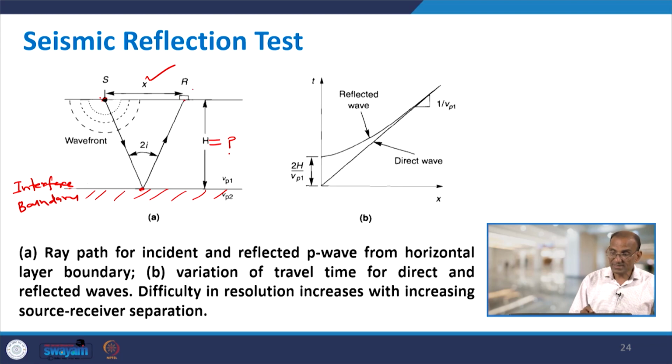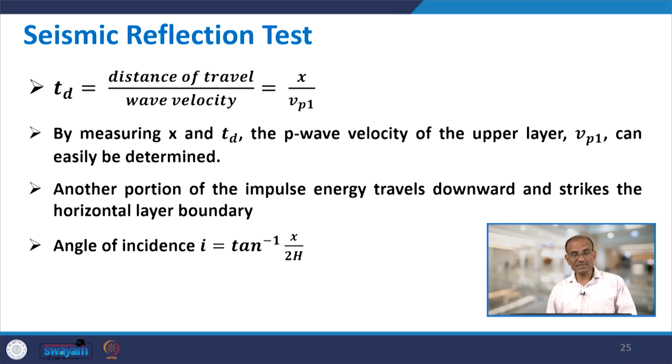As a result, the surface velocity can be found if we know the distance of travel, that is x divided by the wave velocity. Because Td is known and x is known, you can find the value of Vp1. So, the velocity can be found from this relation.